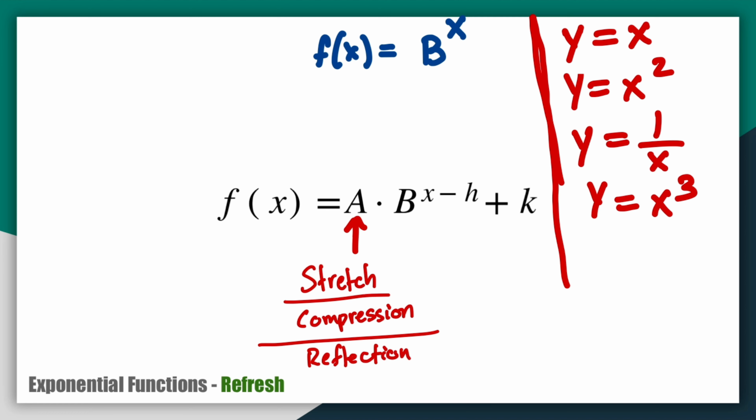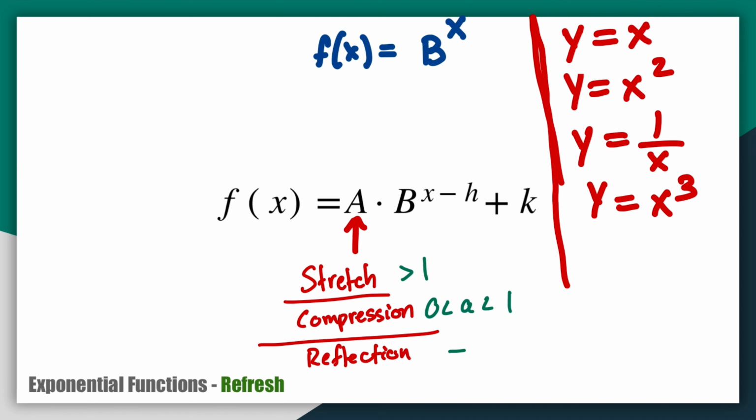And it's the same type of values that do that. If it's greater than 1, you get a stretch. If it's between 0 and 1, then it's compression. And if it's negative, you get reflection, all right? Now remember, the stretch and compression has nothing to do with the negative number. You ignore it for the stretch and compression. The negative only tells you about reflection, okay?